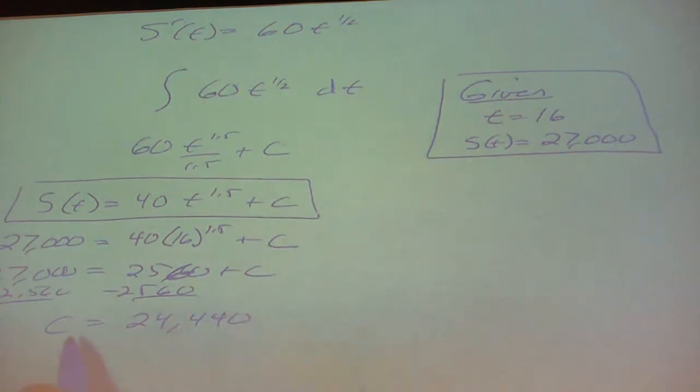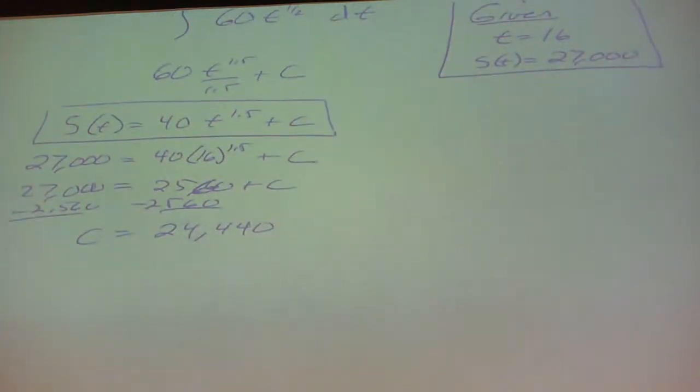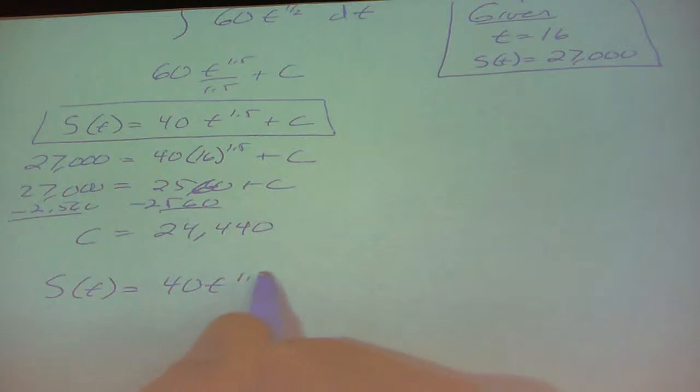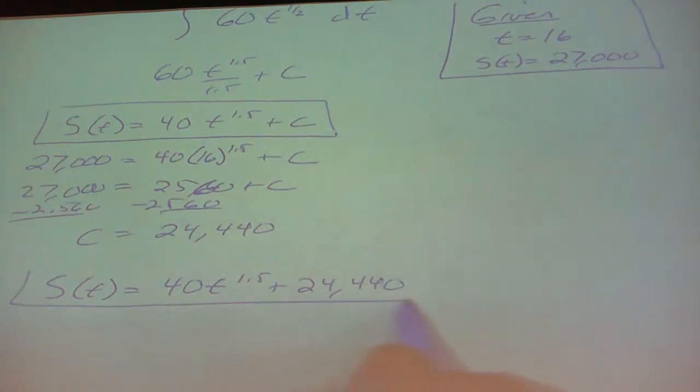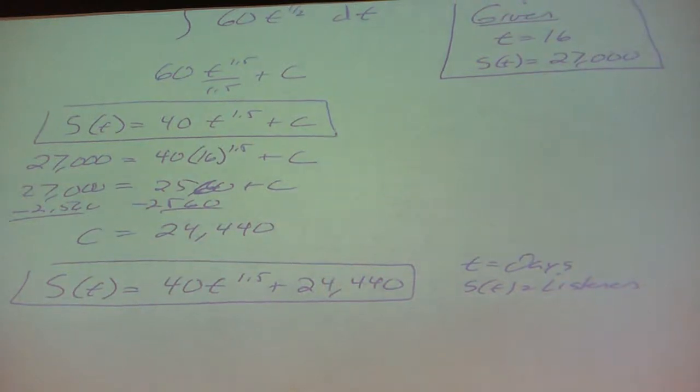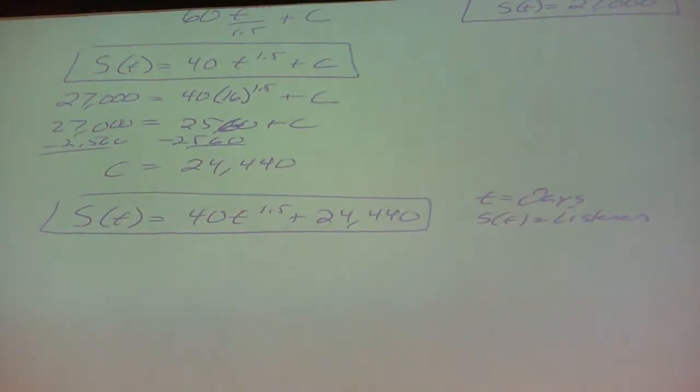Is that what everybody's getting? So my original function is 40 t to the 1.5 plus 24,440. Now remember, t is how many days of advertising and S of t is how many listeners.